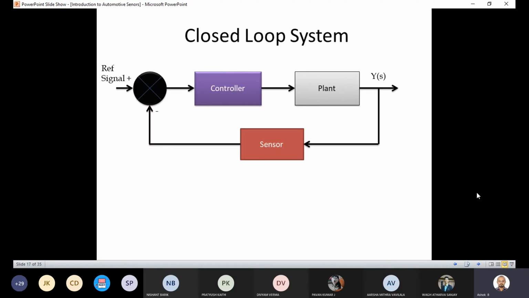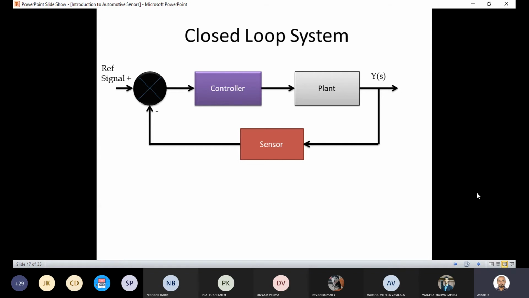Whereas in a closed loop system, feedback is provided with the help of the sensor. In that case the sensor compares the actual value to the reference signal, and according to the deviation between the reference signal and the actual value, it controls the plant output.